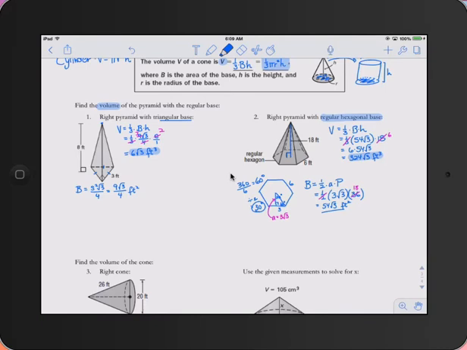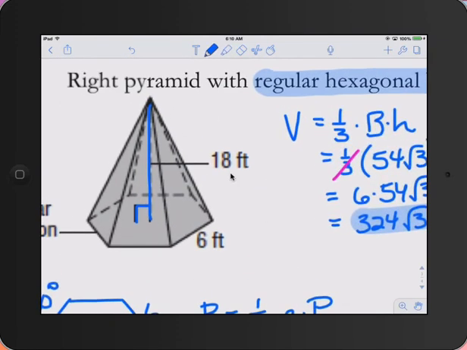Now if you were asked to find surface area for these problems, remember you would have to calculate the slant height. To get the slant height you would have to draw in either the radius and use the lateral edge, or go to the midpoint of the side with the apothem and then the slant height.